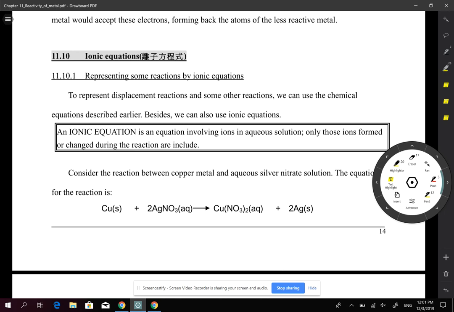We can remember our ionic equation is a simpler form of equations compared with what we have already learned. Okay. Why we need to rewrite in the other equations? Try to track exactly what had happened in the reactions.